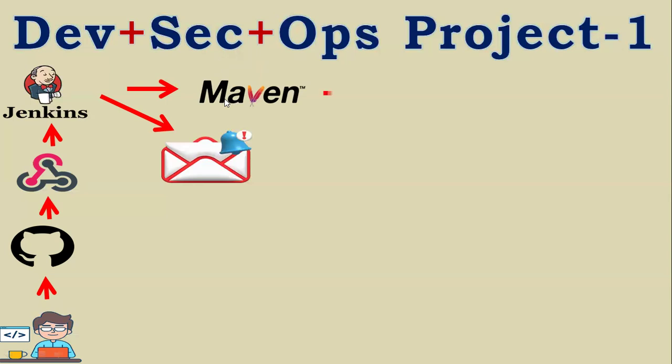With the help of Maven and Jenkins, we are sending the code to SonarQube for code analysis. Once SonarQube certifies the code with 0 errors, 0 bugs and 0 warnings, then we are going to build the artifact. Then we are deploying it into the Nexus repository.